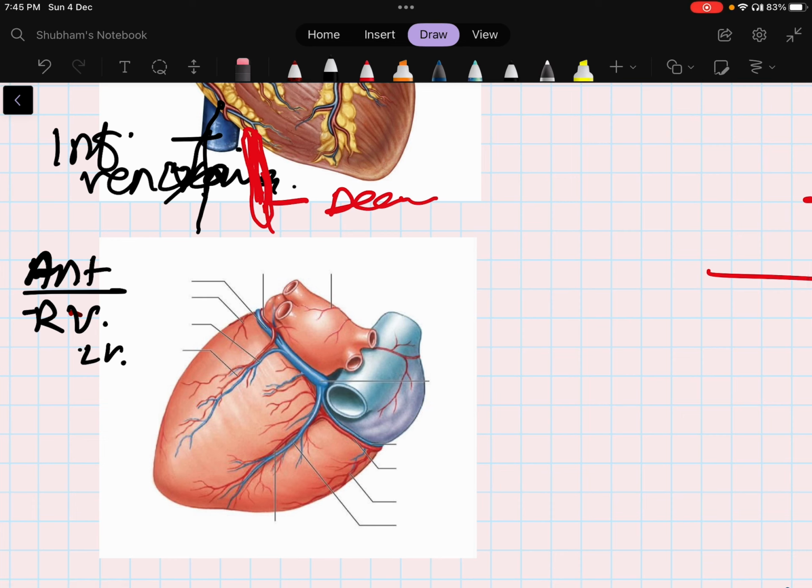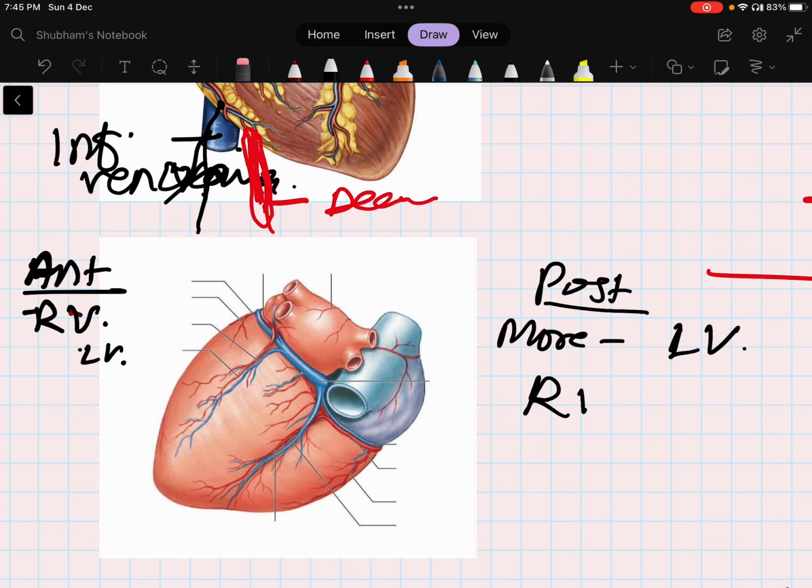But in the posterior surface, we have more of the left ventricle visible and less of the right ventricle. The situation changes, right? So then we are left with the blood supply of the heart.